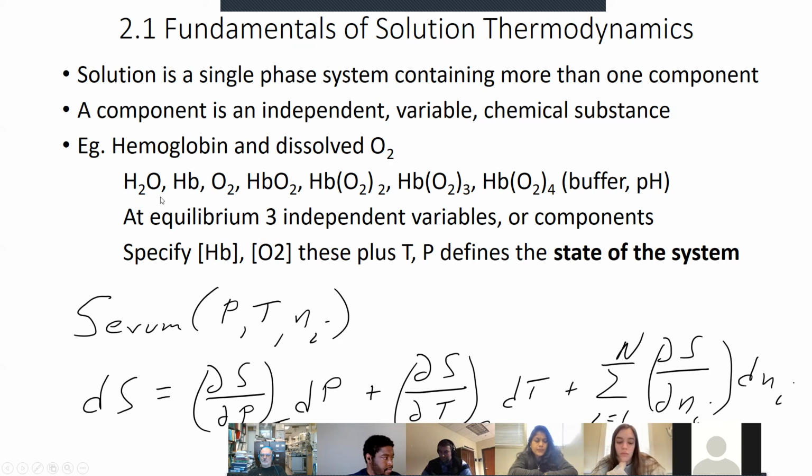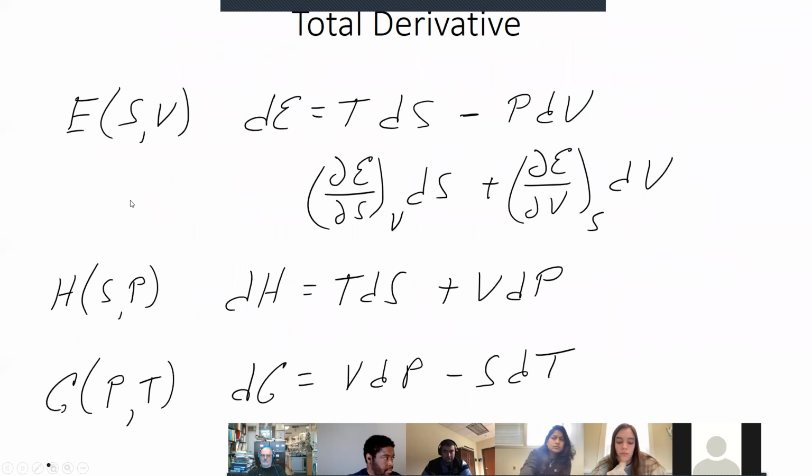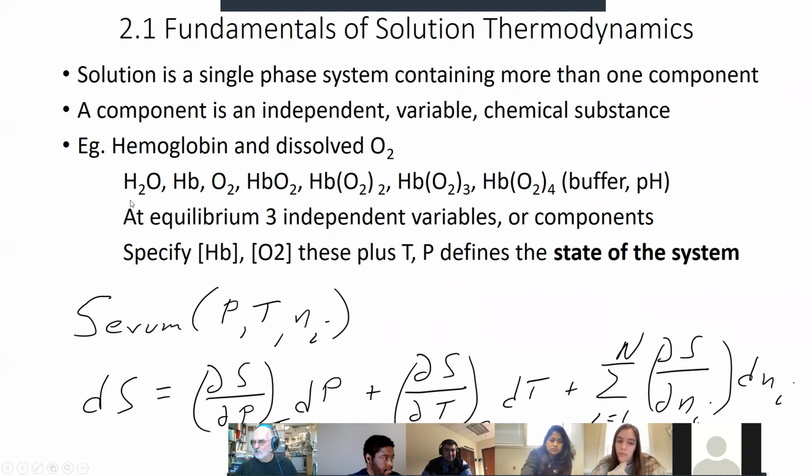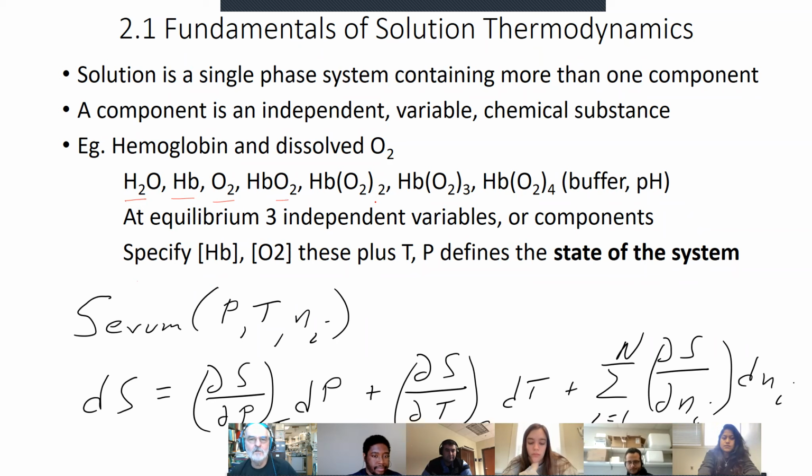If you make a solution of hemoglobin and oxygen, the solution at the very least contains water, hemoglobin, and oxygen. But then there's a reaction that occurs, and we can have hemoglobin with 1, 2, 3, or 4 oxygens bound.